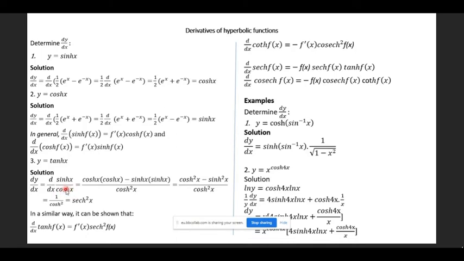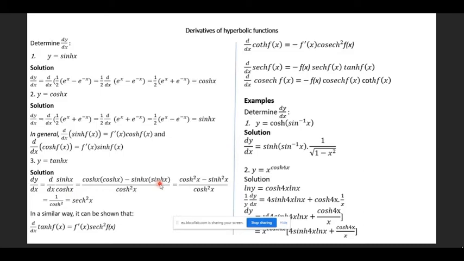And then if we use the quotient rule, it will be the derivative of the first, which we already know now, is cosh multiplied by the second, minus the first multiplied by the derivative of the second, and the derivative of cosh is sinh.